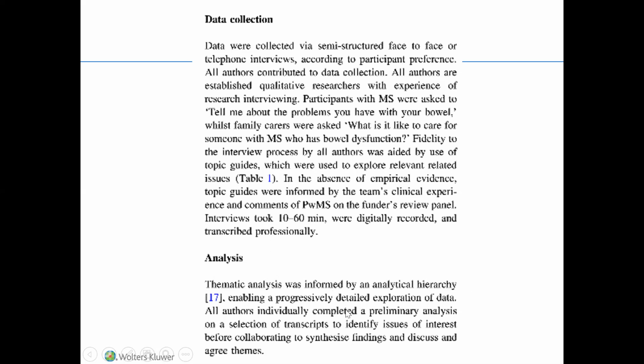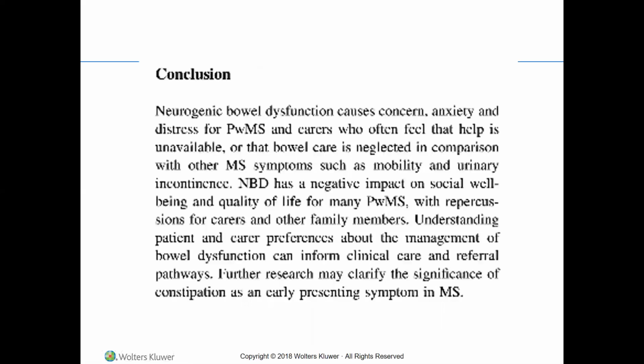Then they talked about how they used an analytical hierarchy to go from detailed data to analyzing areas of interest. So they're beginning to talk about their analytical process. And then what we do is we look at the conclusions that are made and relate those to the questions that were asked.